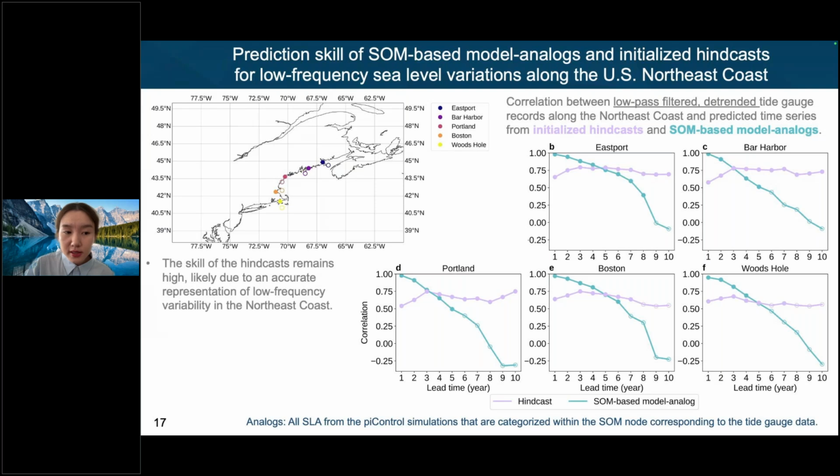As you can see, the skill of the hindcast remains high, which is likely due to an accurate representation of the low frequency variability in the northeast coast. And the SOM-based model analogs initially outperformed the hindcast, but later on fall behind.